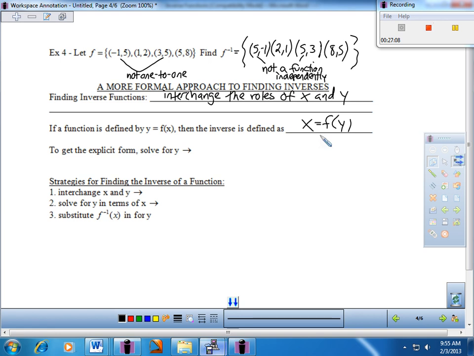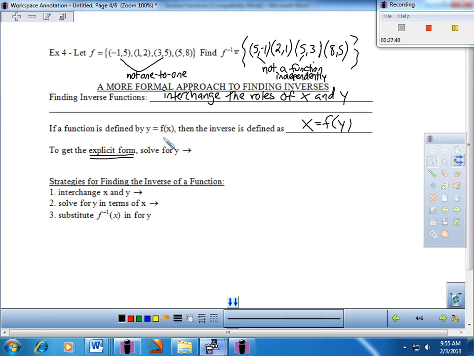But in your experience dealing with equations in 2 variables, have we ever really looked at it as x in terms of y? No. It's always been y in terms of x. And so what that is, this next sentence right here. We're going to get what is called the explicit form of our function. And that means we're going to go ahead and solve for y.